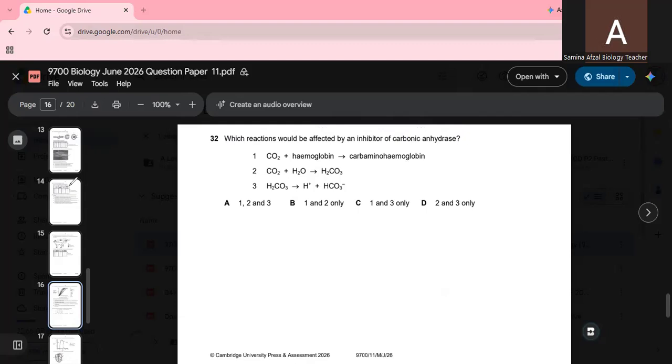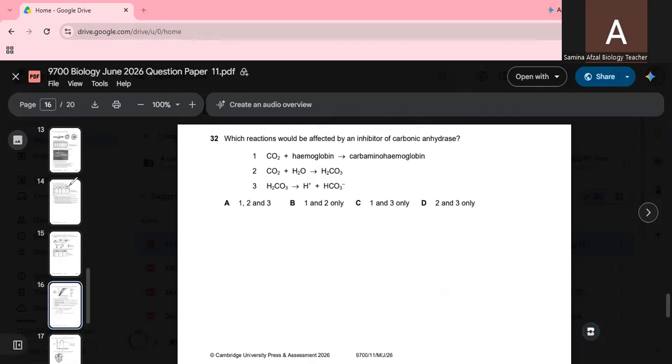So here the first equation which they have given us is carbon dioxide and hemoglobin joined together to make carbaminohemoglobin.